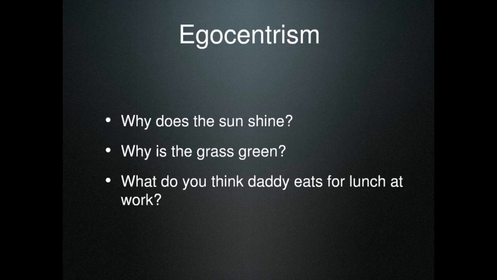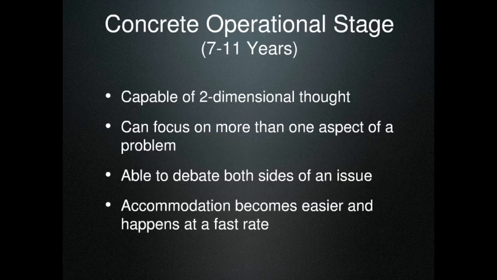The egocentrism, you ask a child, why does the sun shine? Why is the grass green? The sun shines to keep me warm, and the grass is green because it feels good on my feet. That's the whole reason that there's green grass in this world, is because it feels good on my feet. The sun is shining over this entire world because it feels good on my face. Daddy must eat goldfish and chicken nuggets for lunch because that's what I eat. That's what I would want to eat.